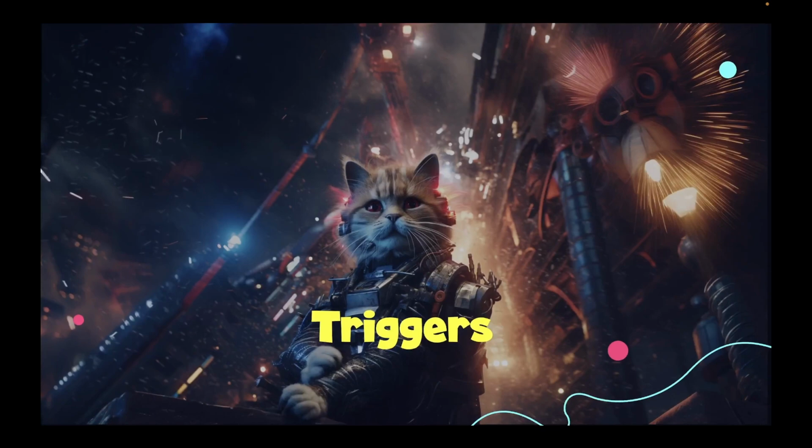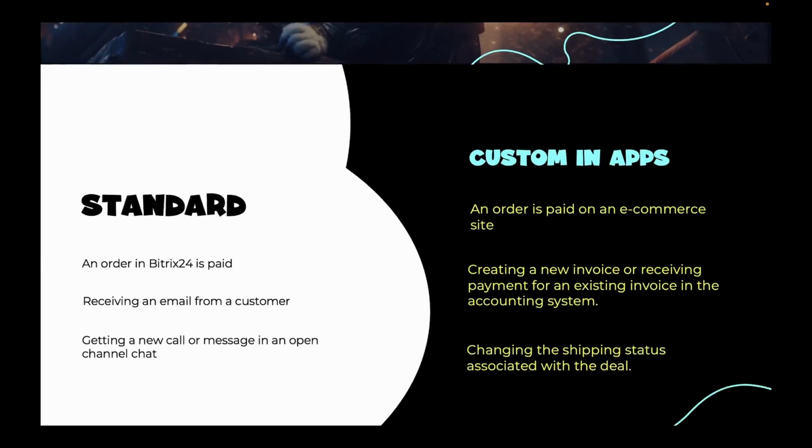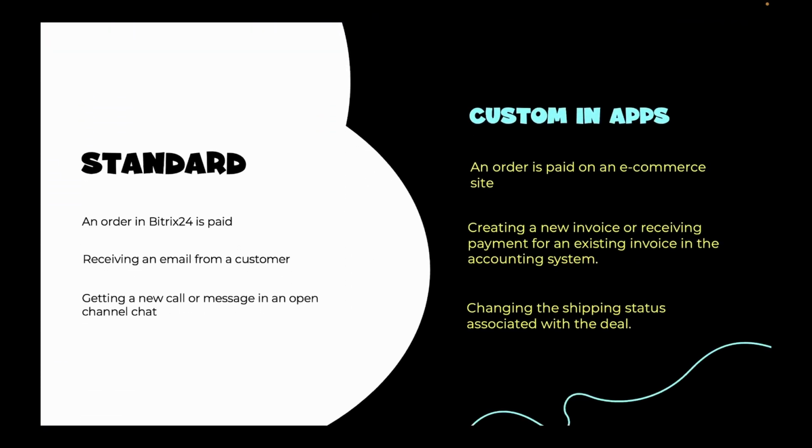Bitrix24 users often wish to automatically change the stage of a deal or lead when specific events occur. Standard triggers include an order is being paid in Bitrix24, receiving an email from a customer, getting a new call or message in an open channel chat, and so on.